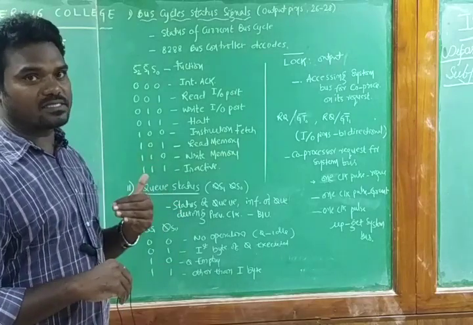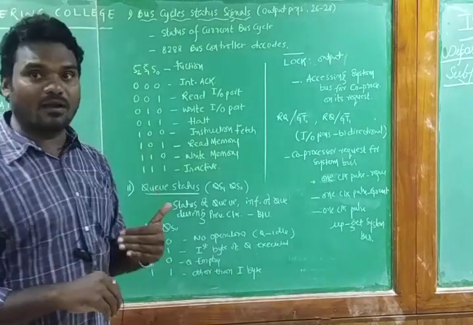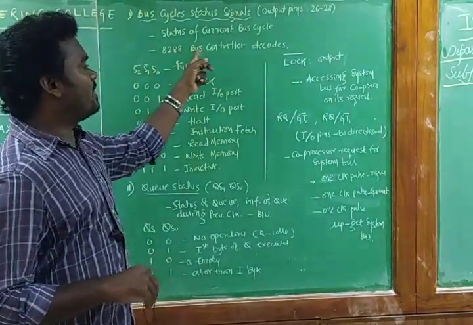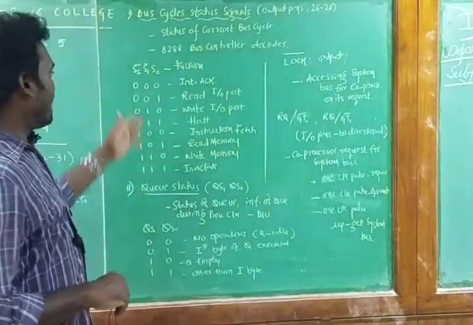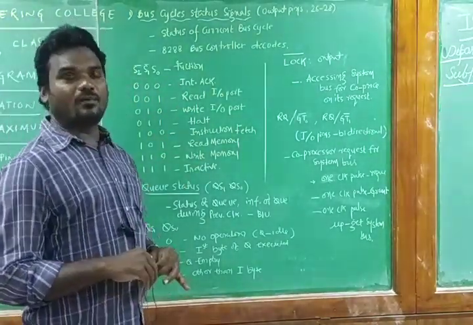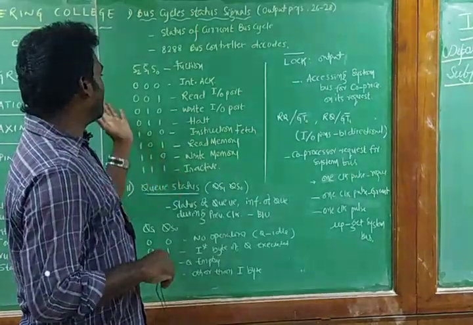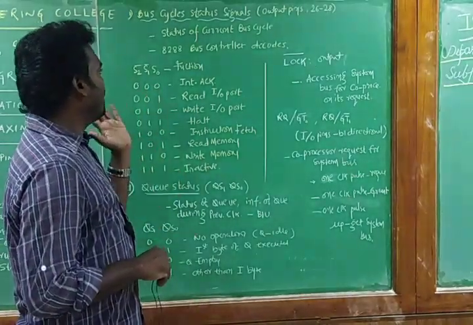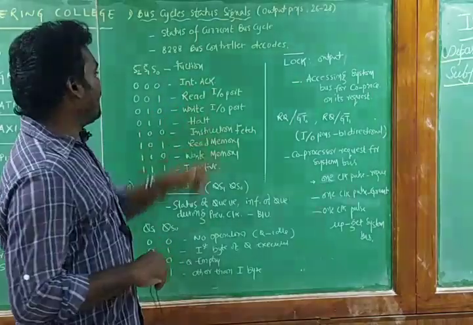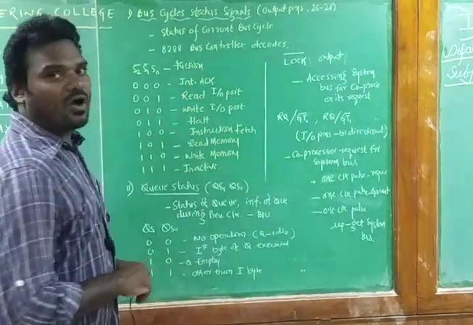During the current bus cycle, what operation has been done by the processor will be decoded by the 8288 bus controller decoder. For the first combination, if 000 is decoded by the 8288 bus controller decoder, that is nothing but interrupt acknowledge.